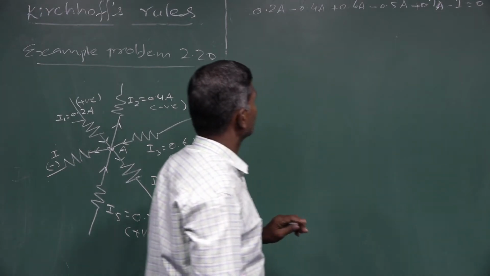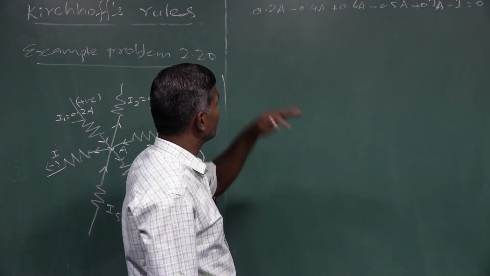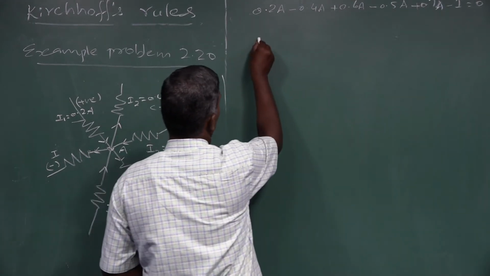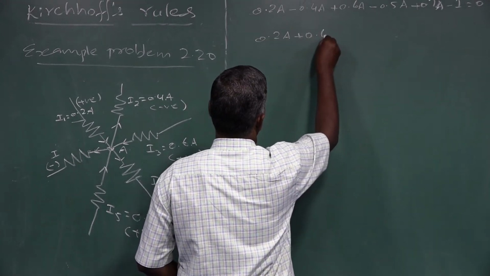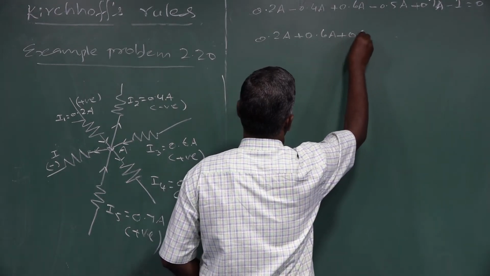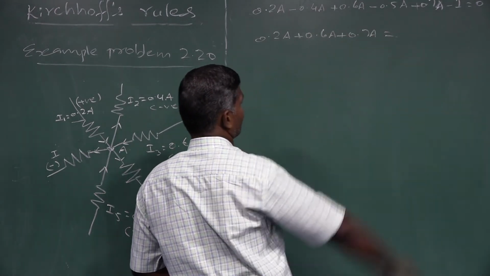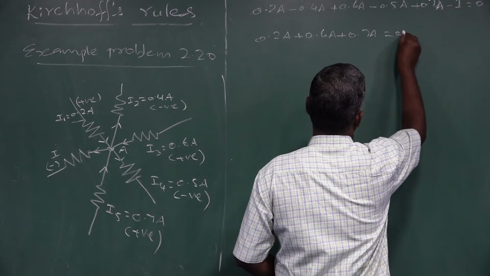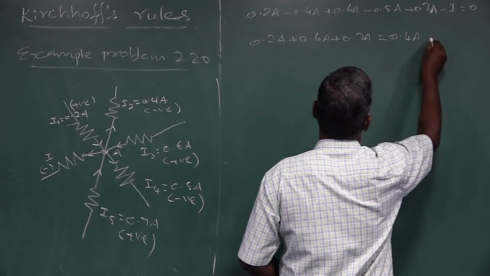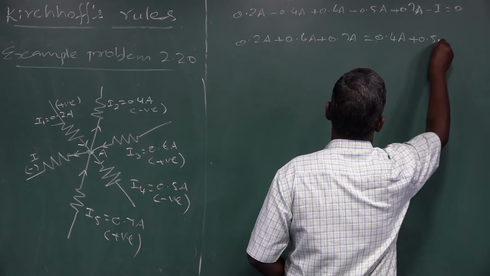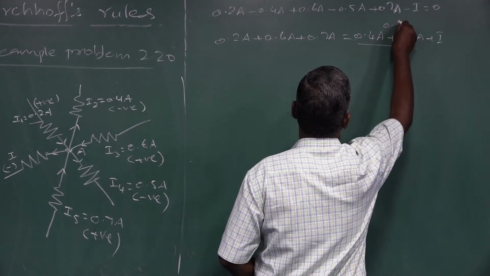In our equation, we are going to take the minus values on one side and the plus values on the other side. The plus values, 0.2 ampere plus 0.6 ampere plus 0.7 ampere, on one side. Then the negative values are taken on the right side, that is 0.4 ampere, then another one plus 0.5 ampere, plus I. This total value is 0.9 ampere.